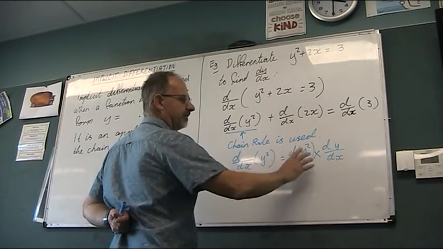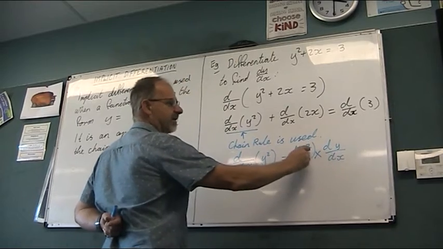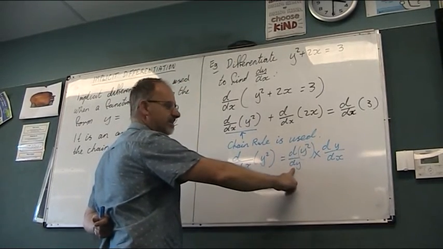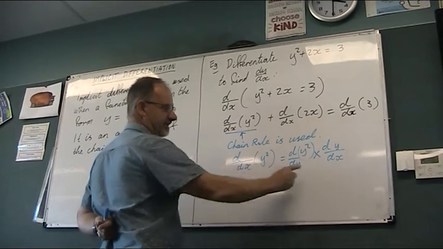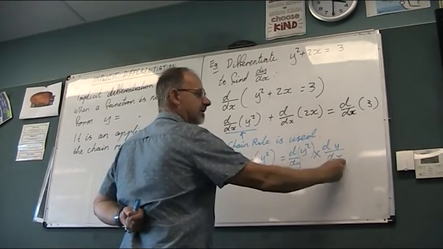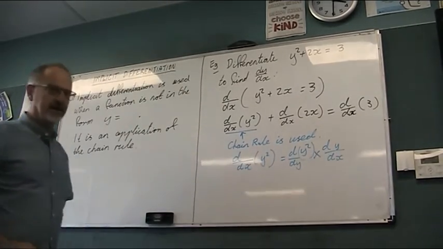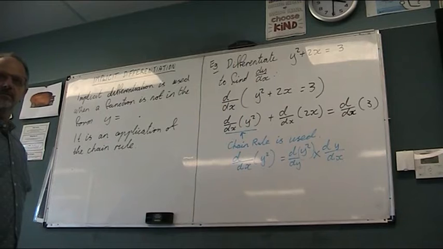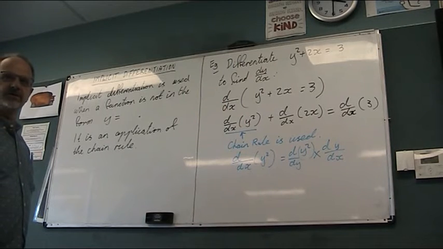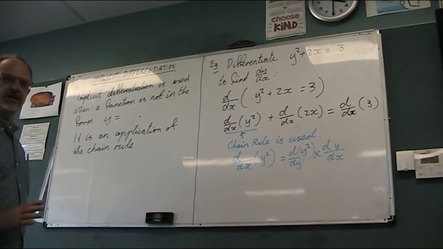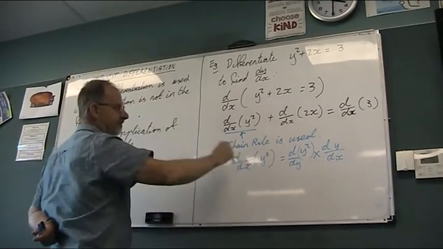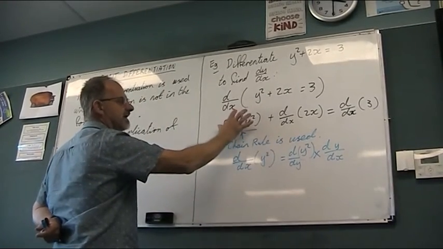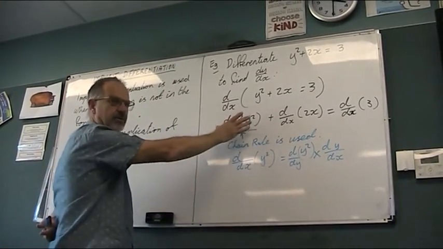So we've got to split it up and differentiate the y squared with respect to y, but we've got dx that we want on the end, so we multiply by dy dx. Right, any questions about that aspect? Because in terms of the implicit differentiation, this bit here, that's the key to it all.